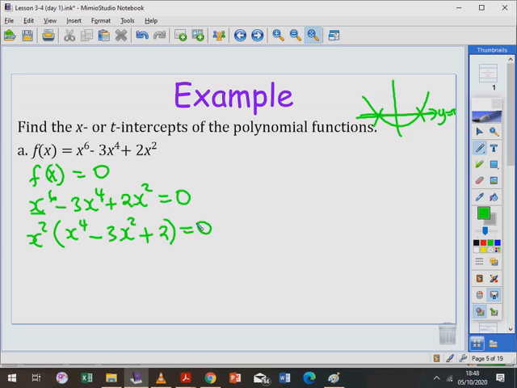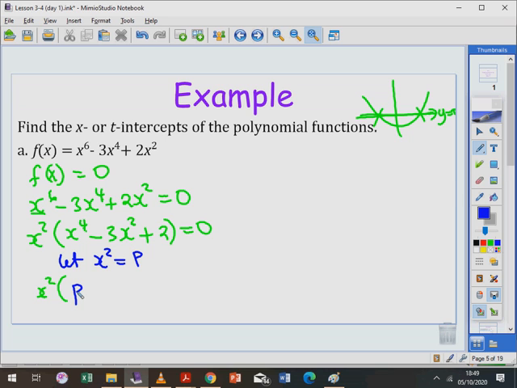Now, I don't know if you see it, but what I have inside here is a quadratic equation in terms of x squared. It can be easier to see if I introduce another parameter. If I say, for example, let x squared equal p, then in the place of x squared I will just substitute p. That substitution is only going to happen inside the parentheses, so I can factorize it easier.